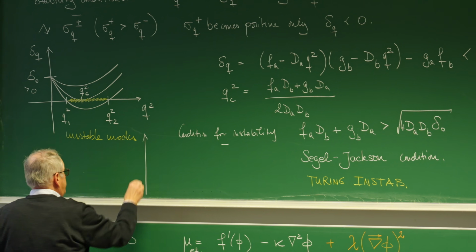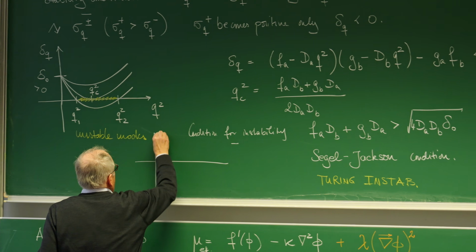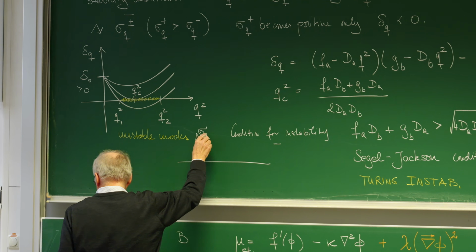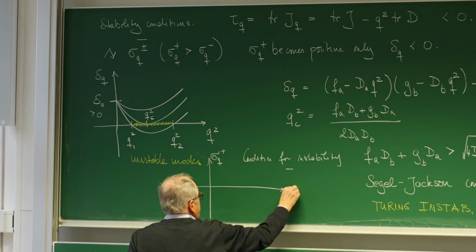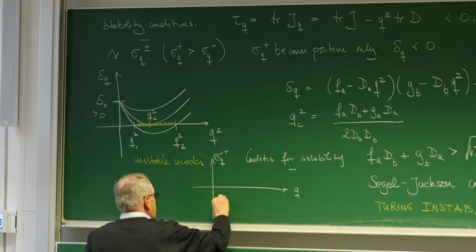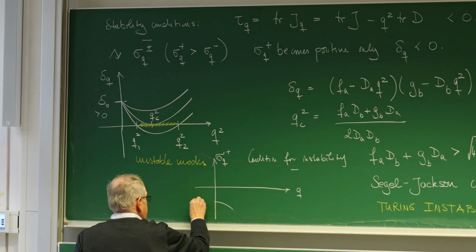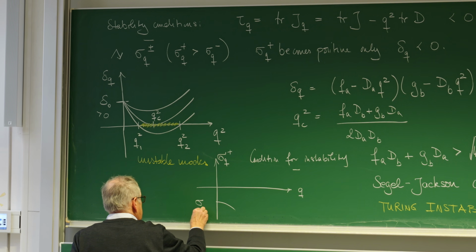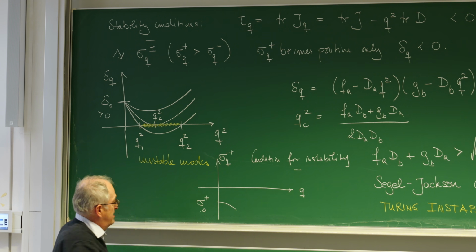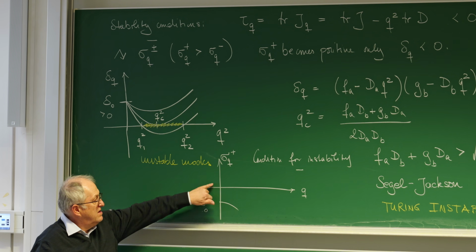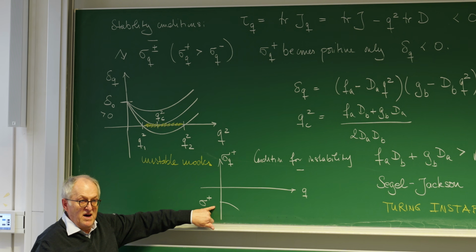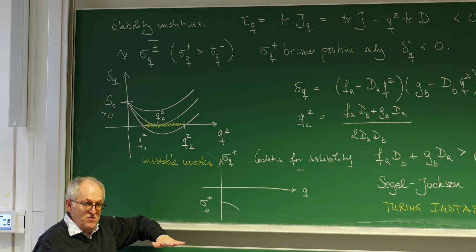So when you draw the eigenvalue sigma_q plus as a function of q, this typically looks like so. This is sigma_0 plus. And that needs to be like so because we have assumed that the spatially uniform state is stable against any uniform perturbation.